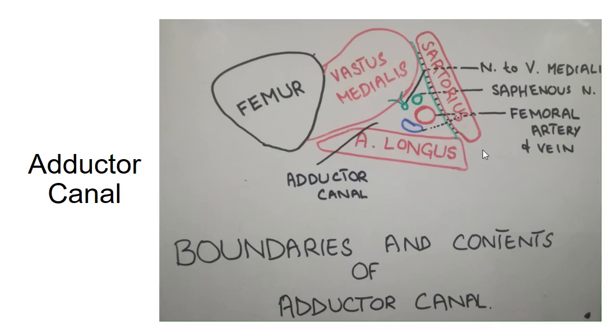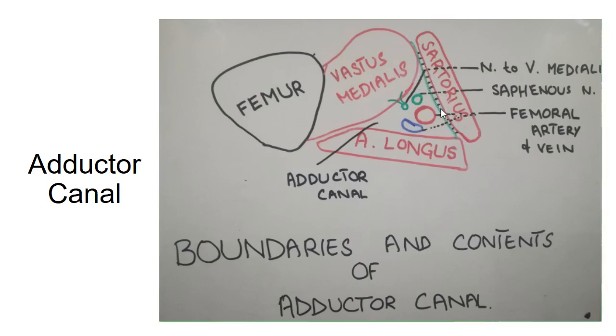In addition to that, in the inferior third to half of the canal, there is a tough subsartorial fascia. This green color is indicating the subsartorial fascia, which spans between the vastus medialis and adductor longus muscle, forming the anterior wall of the canal deep to the sartorius.